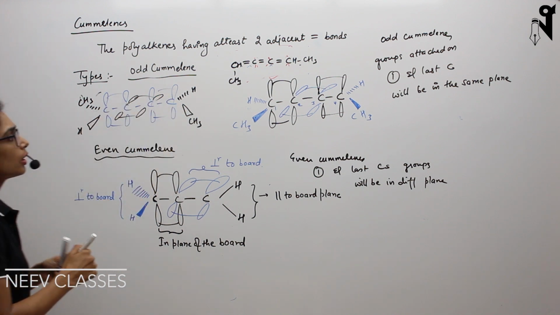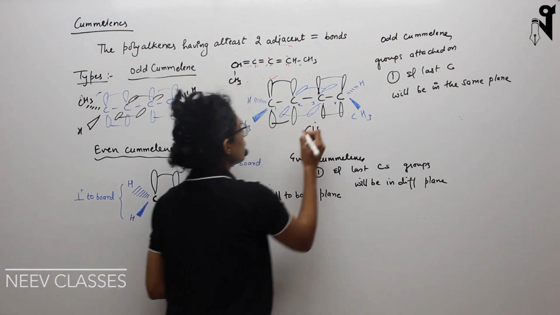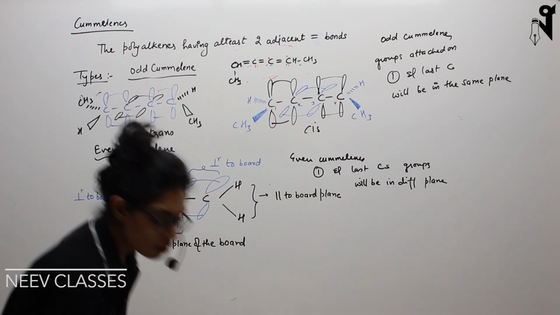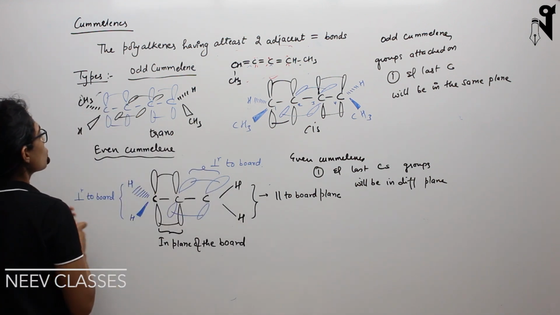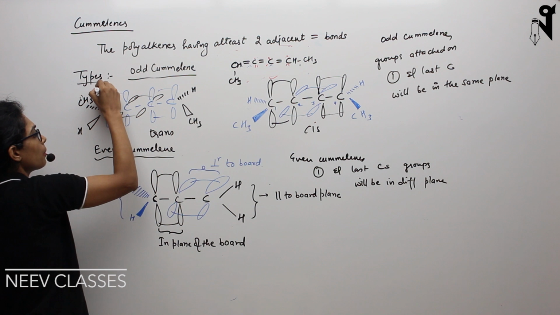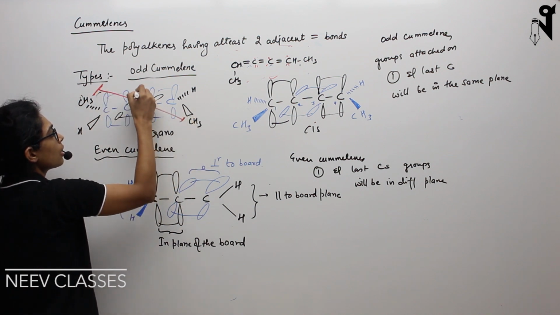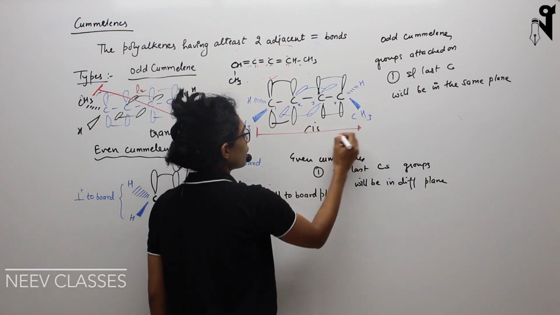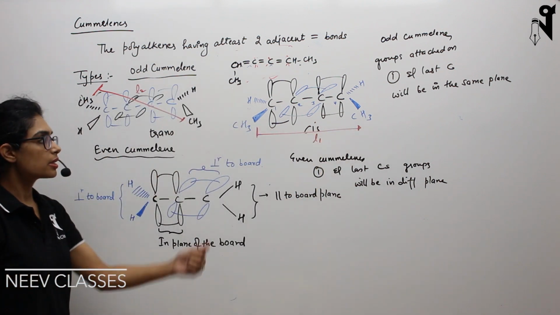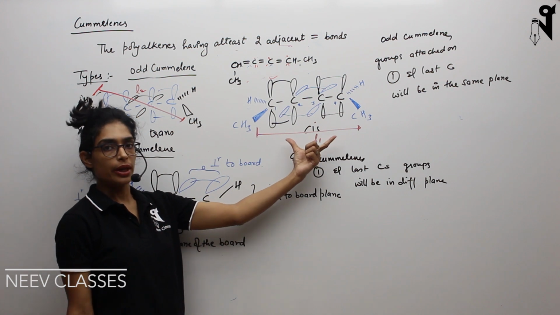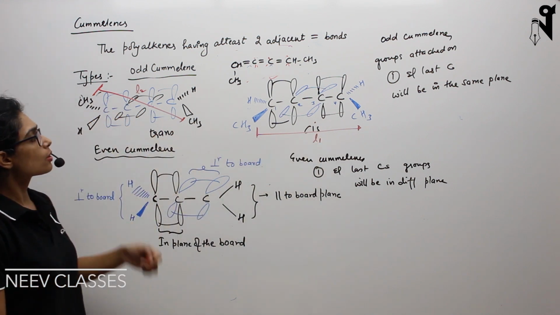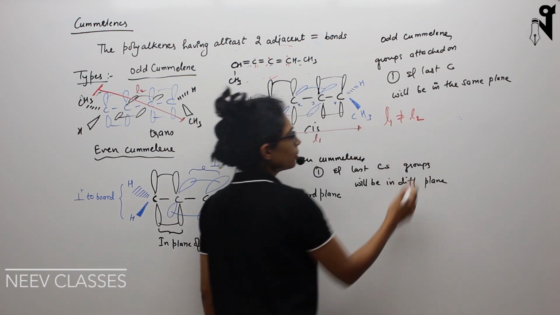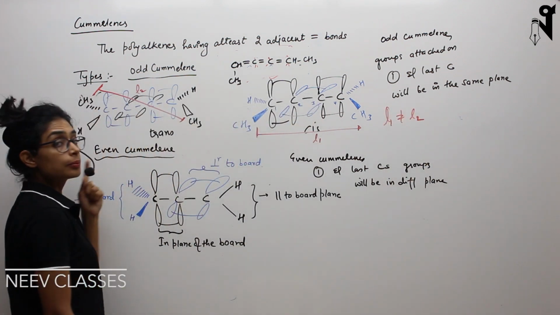This is one structure, this is your cis structure, and this is your trans structure. And when I talk about the distance between the groups, the distance from here to here is L2, whereas the distance from here to here is L1. Basically, we are going to check the distance between the same groups. This is L1 and this is L2, and L1 is not equal to L2 in case of odd cumulenes.